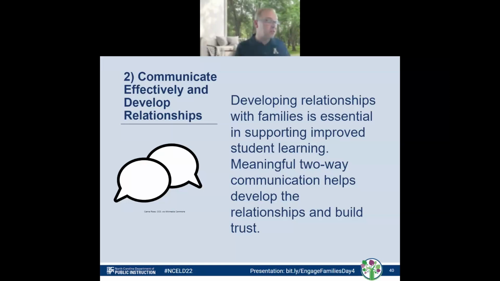Building trust is crucial for developing strong relationships that allow for meaningful engagement. The schools use multiple means to provide opportunities for families to engage. Of course, in our context, we must meaningfully plan to communicate across languages and cultures from an asset-based approach.